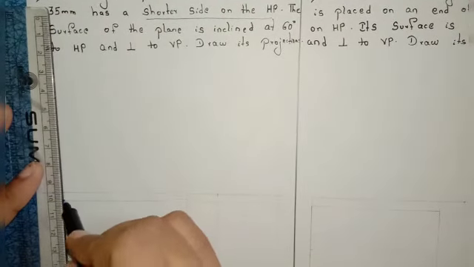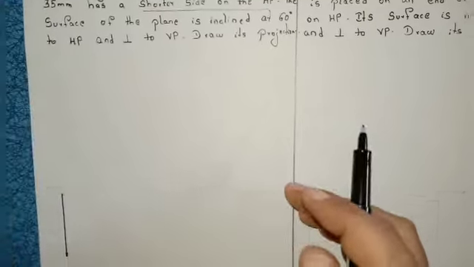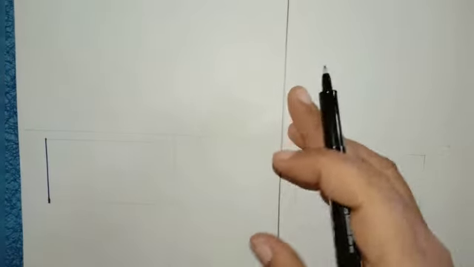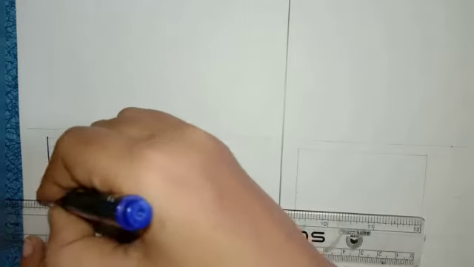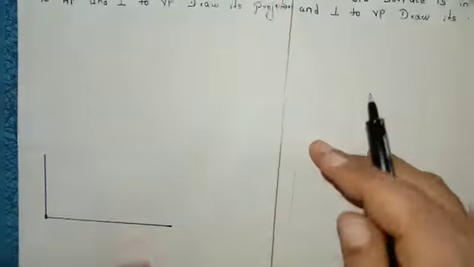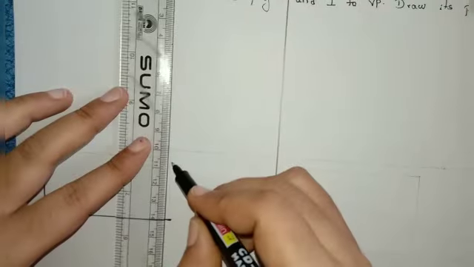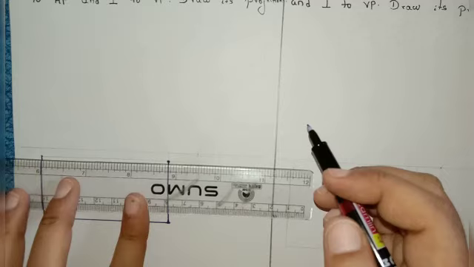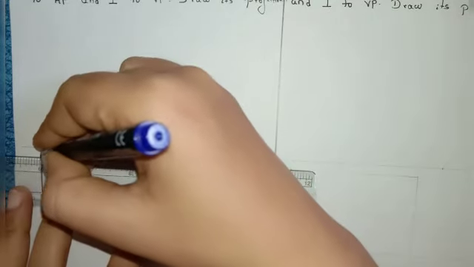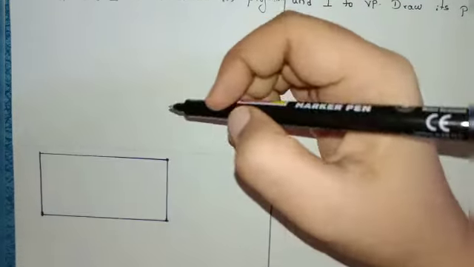35 mm should be on HP. Right? Length of the rectangle is 70 mm. Right, and next breadth is 35 mm. Right, again length is here 70 mm.